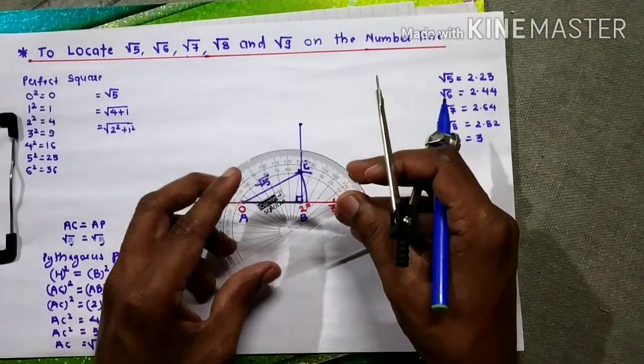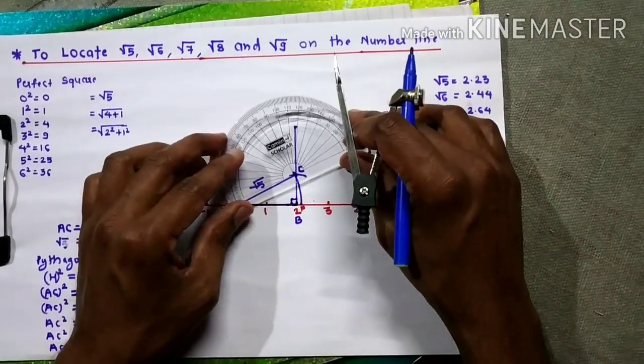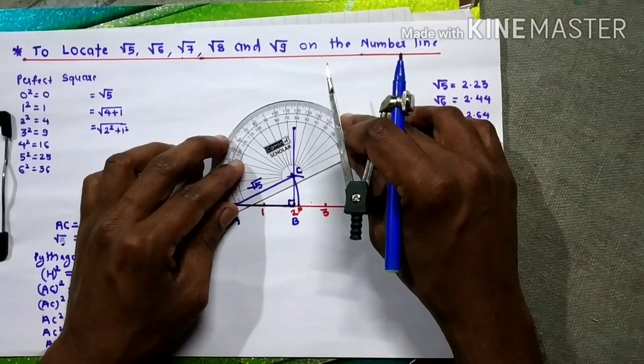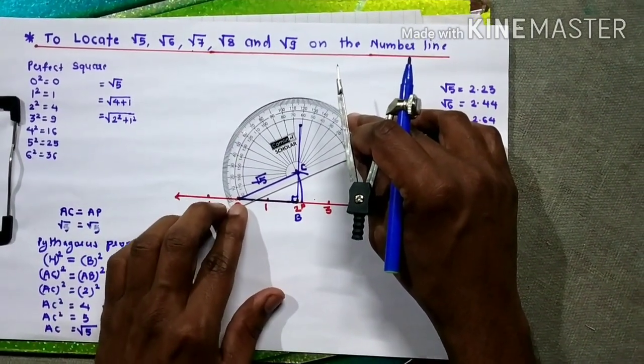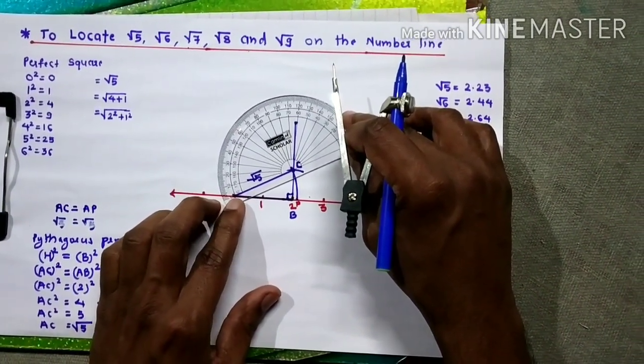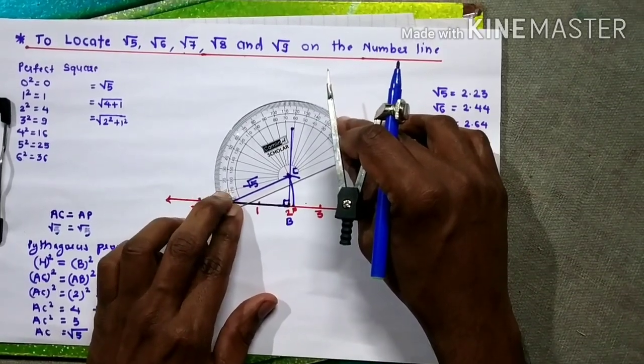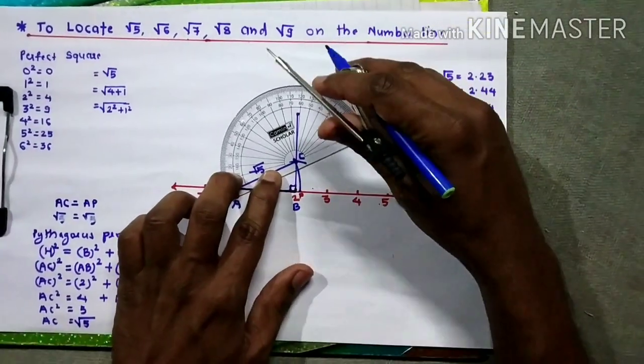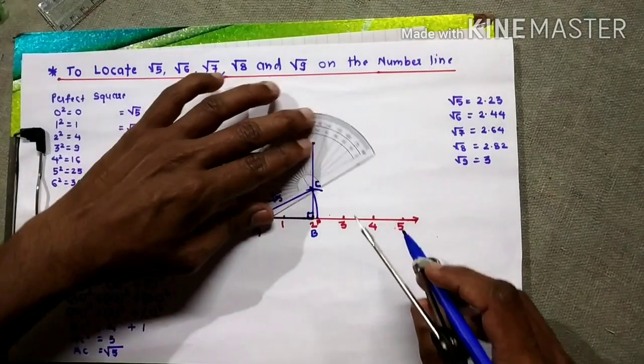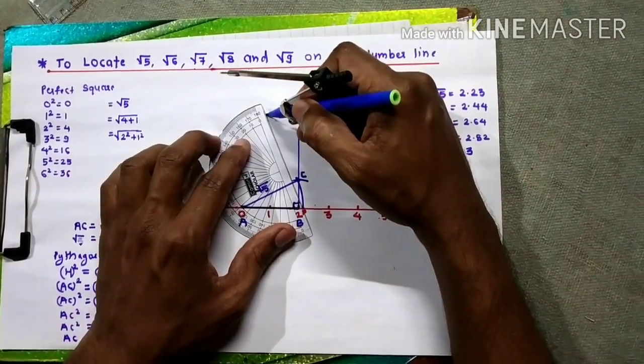In order to locate root 6, we have to draw one perpendicular here, and for this base you have to take AC. Now let us join these 2 points.